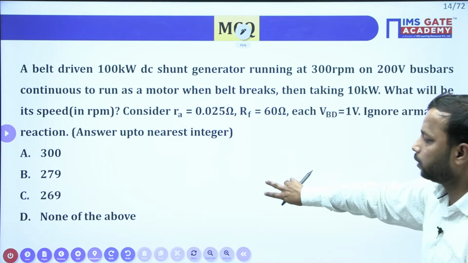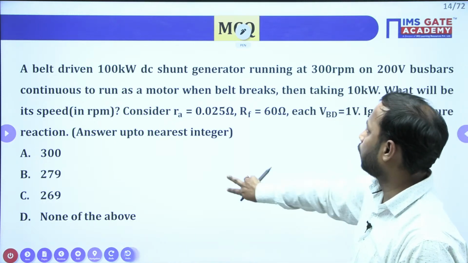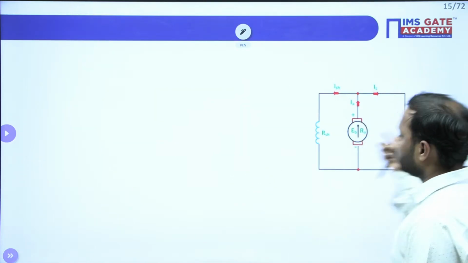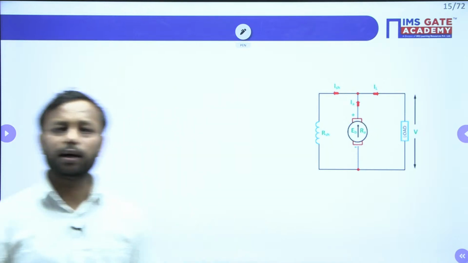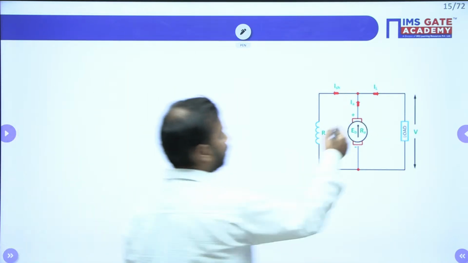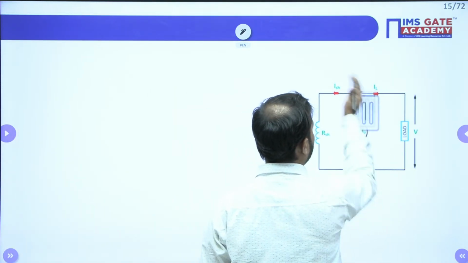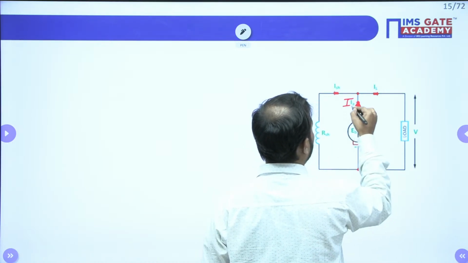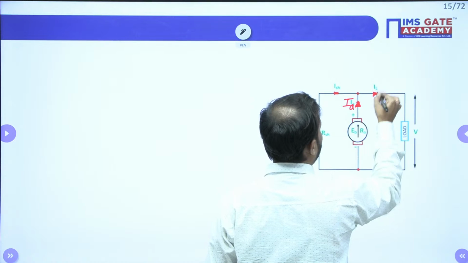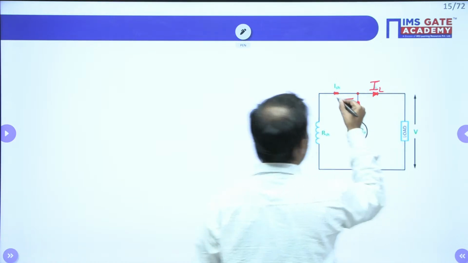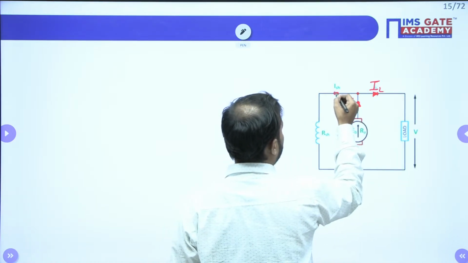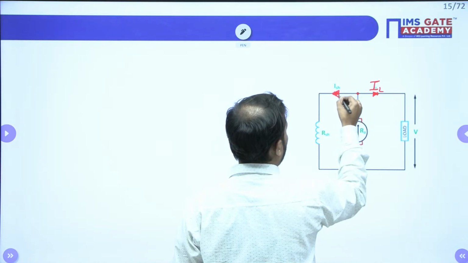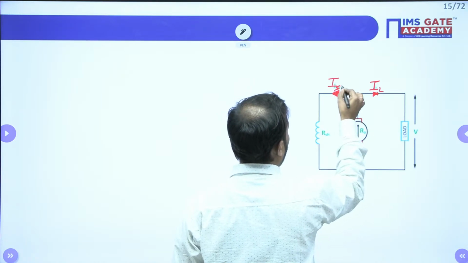All right, ABCD, this is given. We need to calculate. So guys, this is the diagram of the DC shunt generator. This is a generator where this current is IA, this current is IL, and this current is ISH.